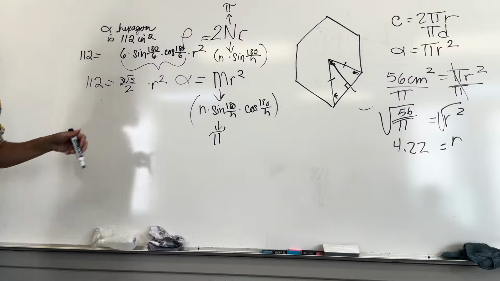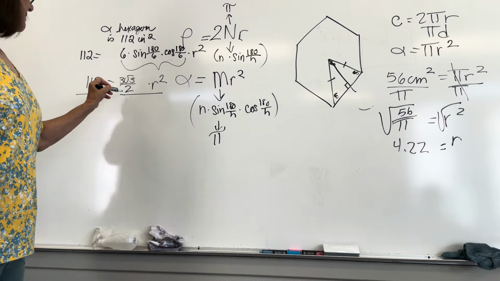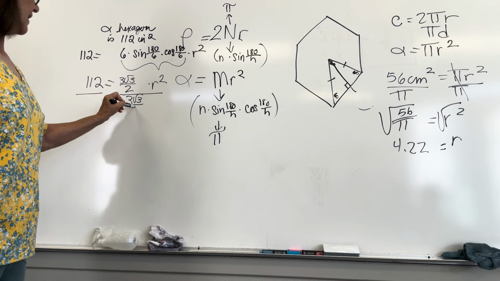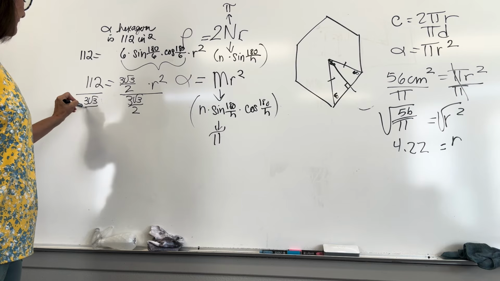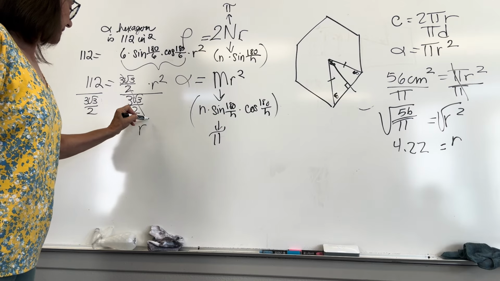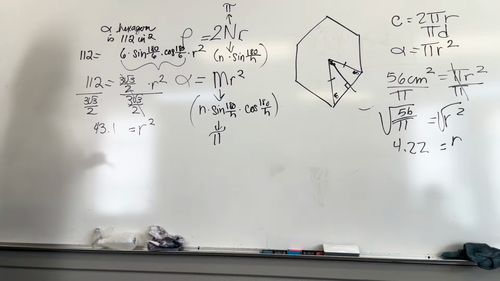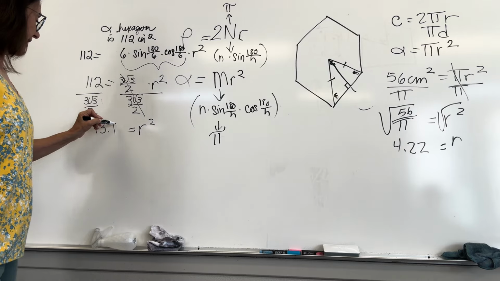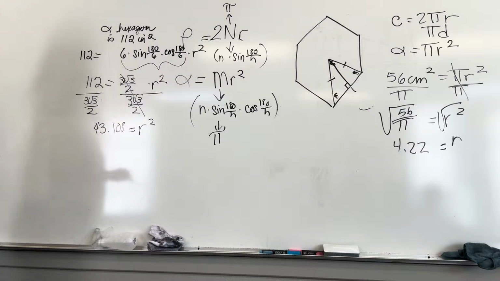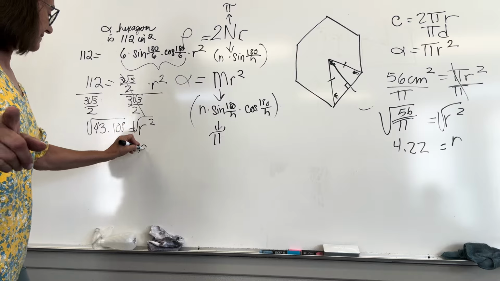You divide 112 by 3 square root of 3 over 2. Divide both sides by 3 square root of 3 over 2. That eliminates that. So what is 112 divided by 3 square root of 3 over 2? 43.1. Somebody else confirm. Yeah, 43.108. Okay, but that's r squared. How do I get r? I take the square root, so what's the radius?